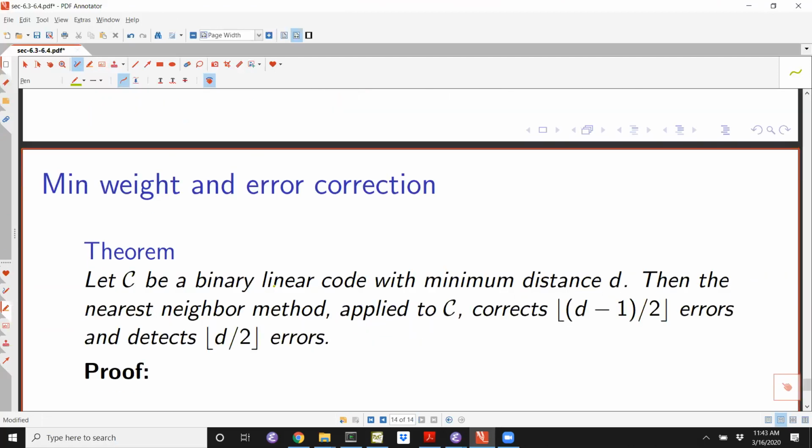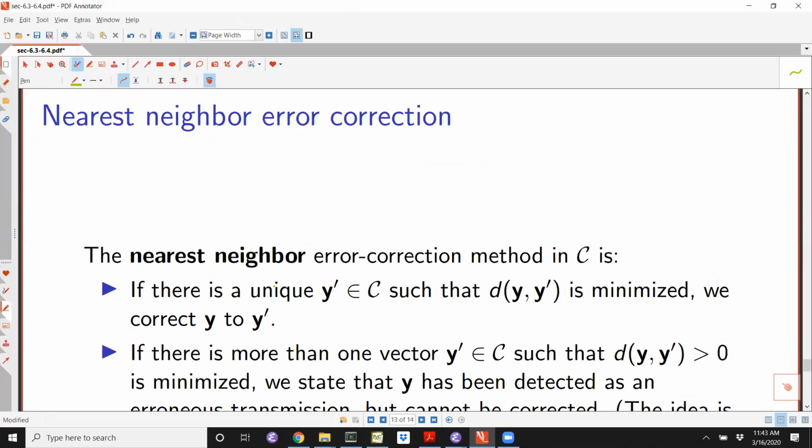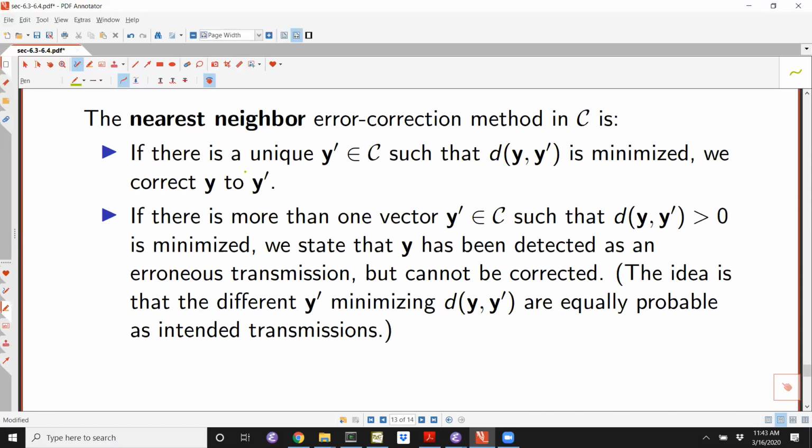So the nearest neighbor error correction method in a given code C says that if you list all the words, so this is not a very efficient way to do this, but the idea is that if there's a unique y prime, think of this in terms of Yolanda.